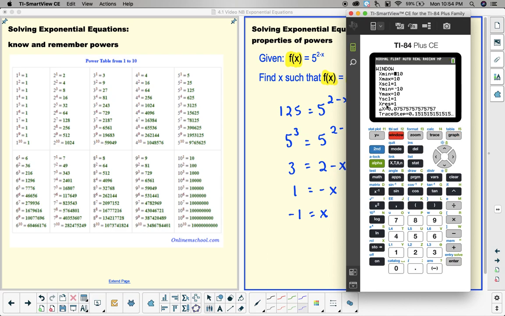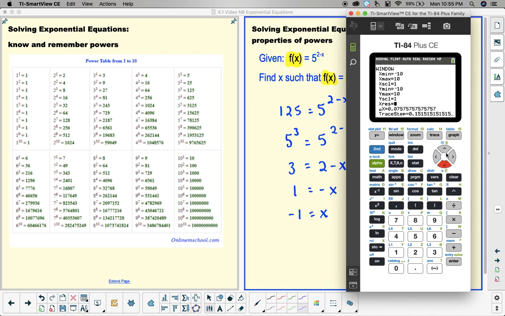This Z standard goes from, in the Y direction, from -10 to +10. My solution for X is -1. And I know my Y values need to go up to 125.